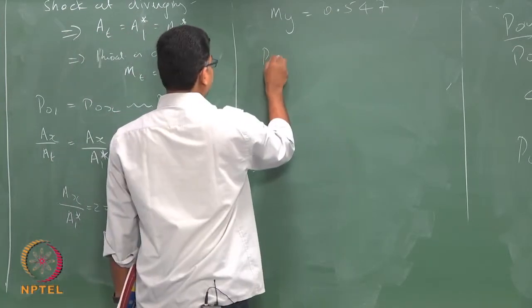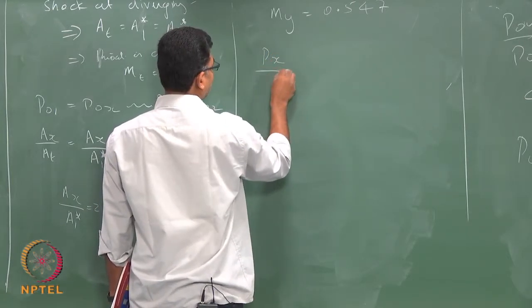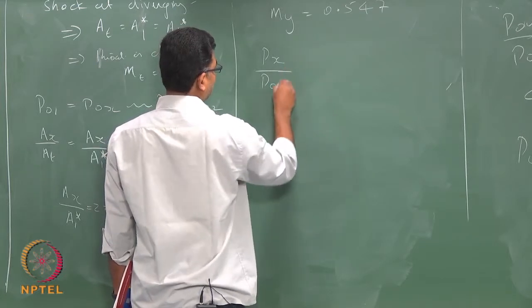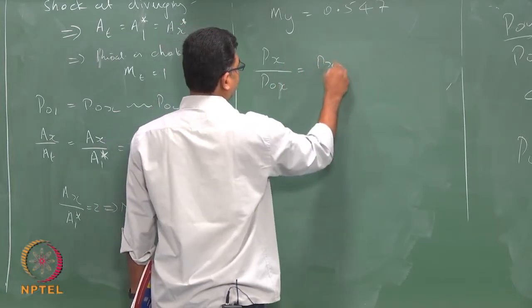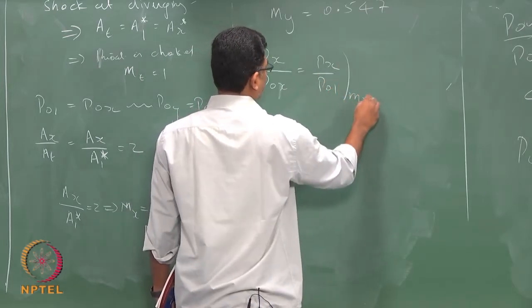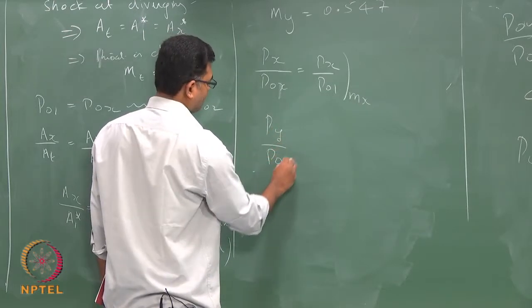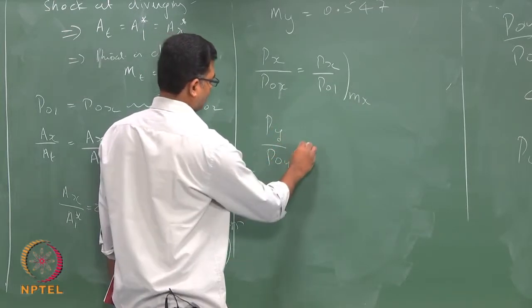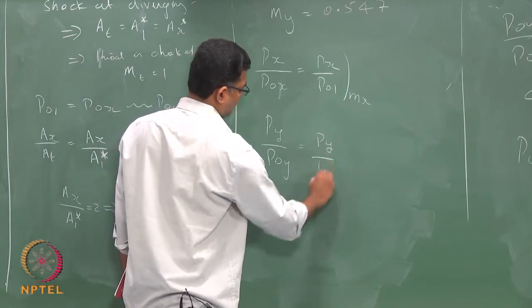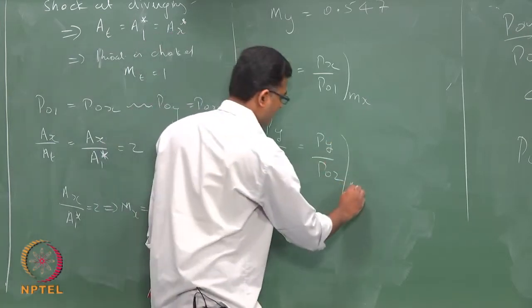So, your Px by P01 or P0x is Px by P01 at Mx, and your Py by P0y is your Py by P02 or P0 exit at My.